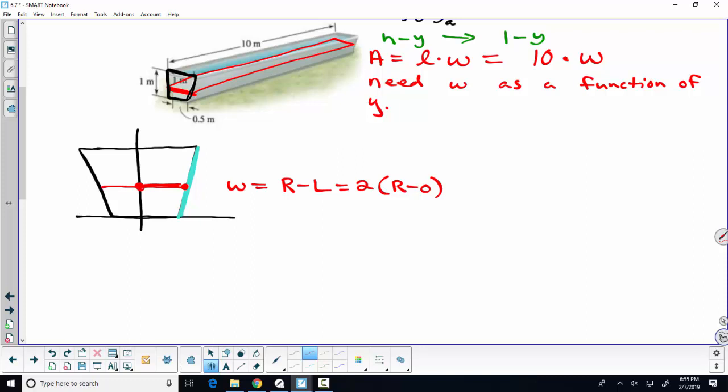And again, that was set up: we centered the trough at the origin so we could use symmetry. If you put this thing over there, then you would have to find the equation of both of these lines.